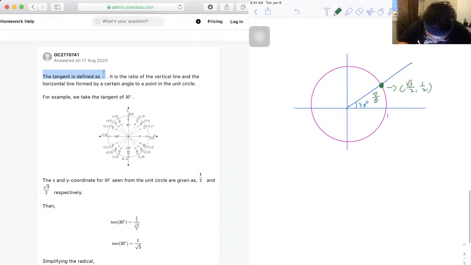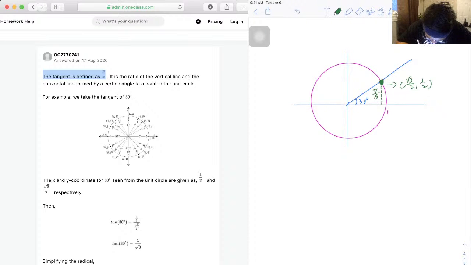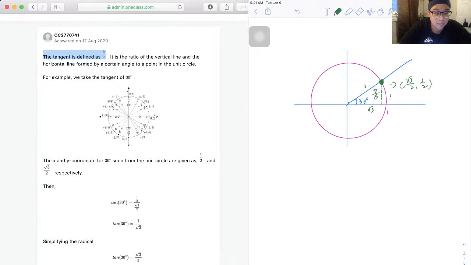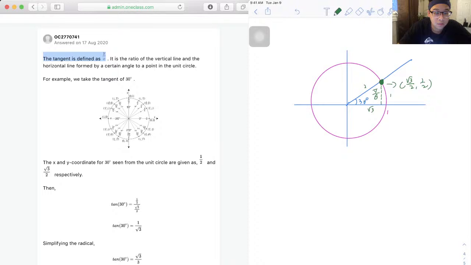Wait, hold on, let me check. Yeah, so I think there's a typo there, because the x coordinate should be √3 over 2, and the y coordinate should be 1 over 2.